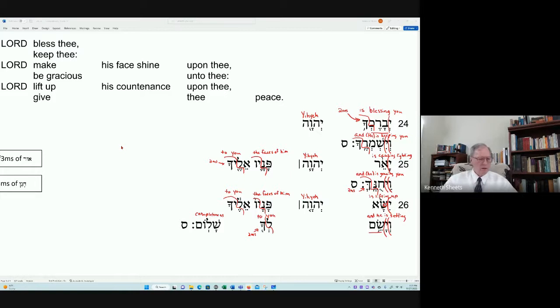But the Lord will bless, the Lord will keep, the Lord will lighten. But all kinds of interesting little words there. I think so many times we have translated something into English, and when we translated it into English, we stopped looking back to see how God had actually said it, how he had actually given it.